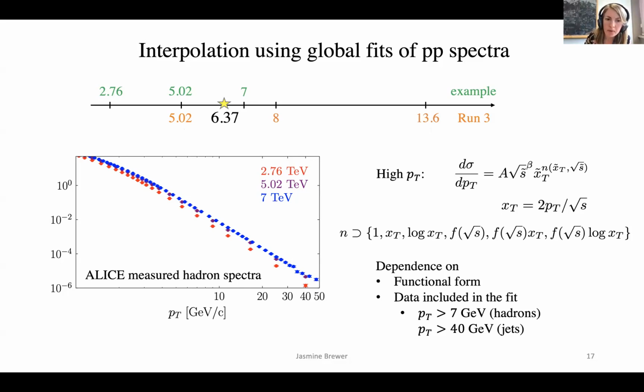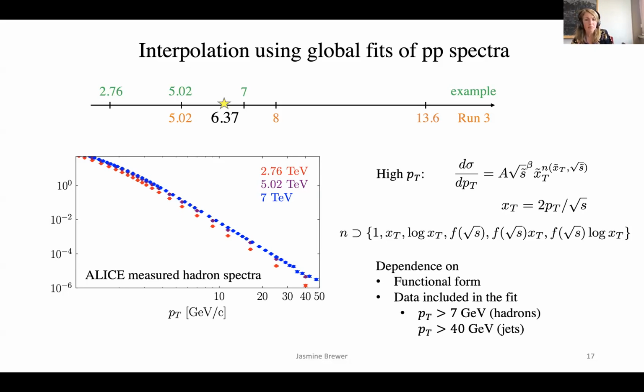So essentially the basic idea of all of these interpolations is to somehow describe the differential cross-section as a function of pT for these different hadron spectra in terms of some kind of fit, and then use the beam energy dependence of that fit to interpolate the spectra to a different energy.